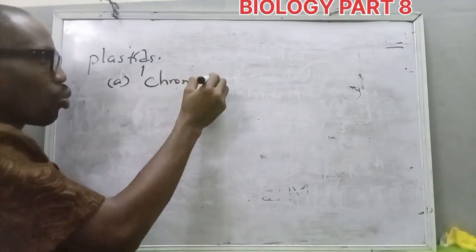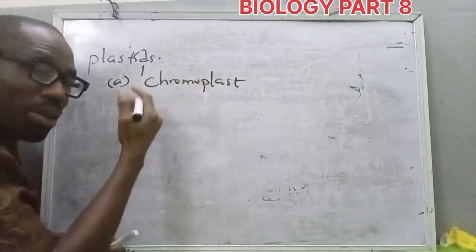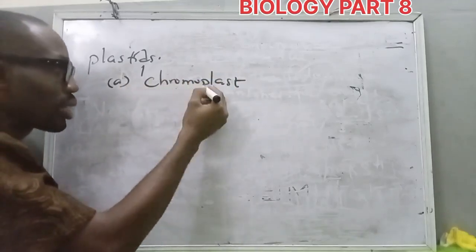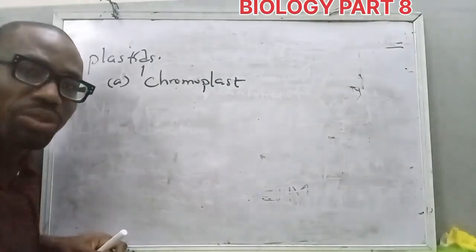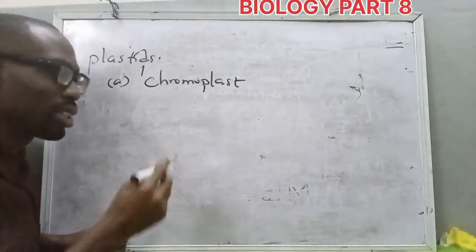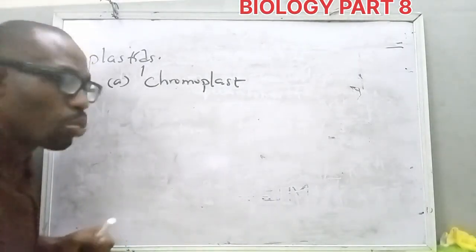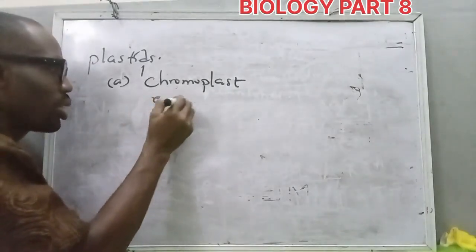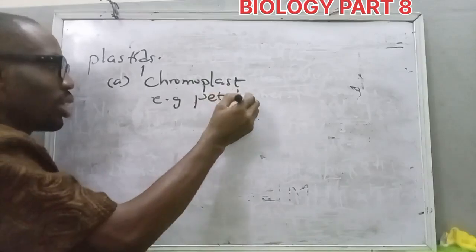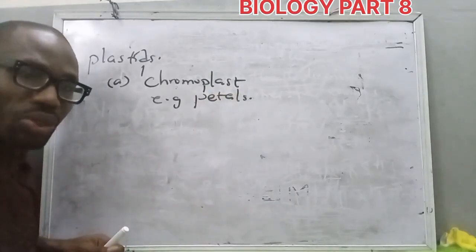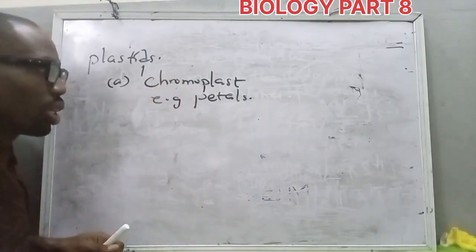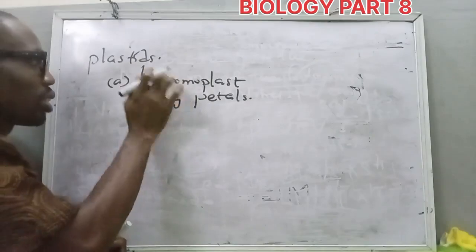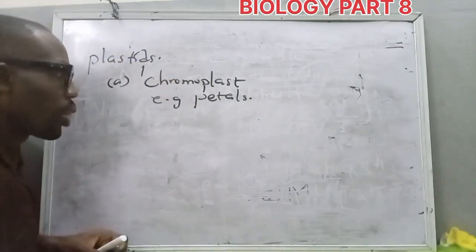It's a plastid, chromoplast. Chromoplast is a colored plastid that gives color to plant parts. An example is the petals of a flower. You see? So the petals of a flower are coming from this, regulated by this, inside this, which is the chromoplast.